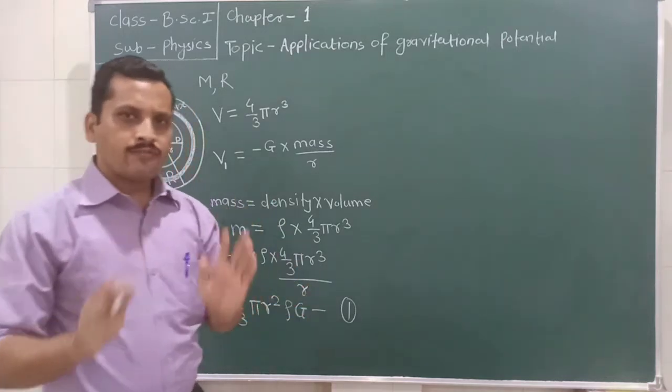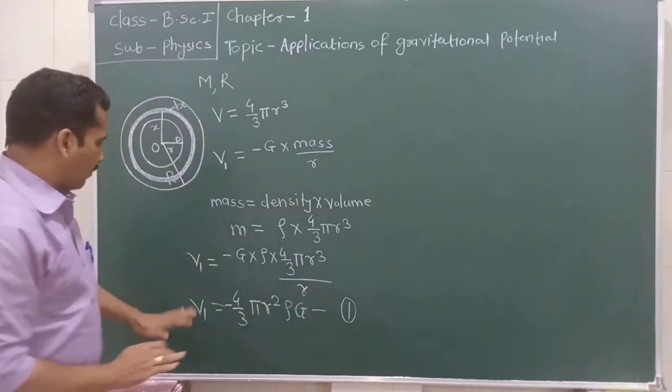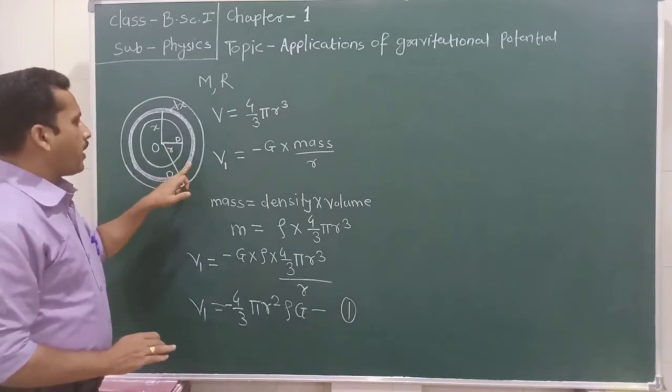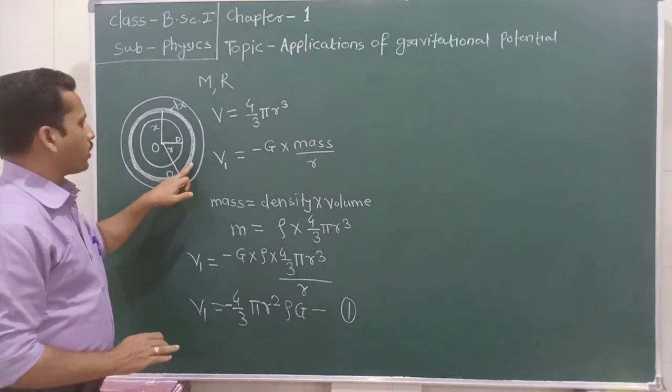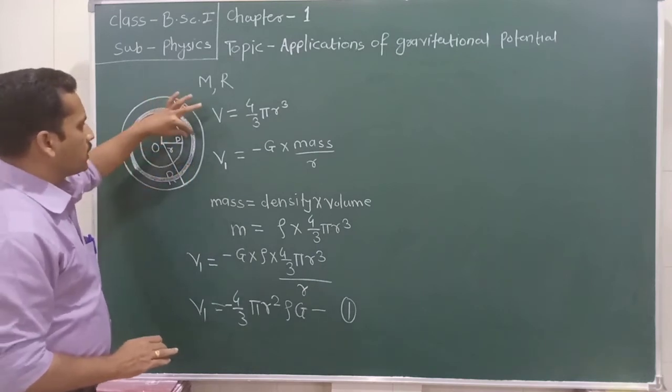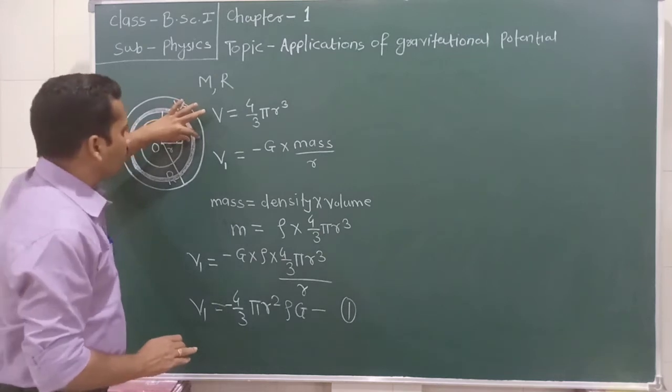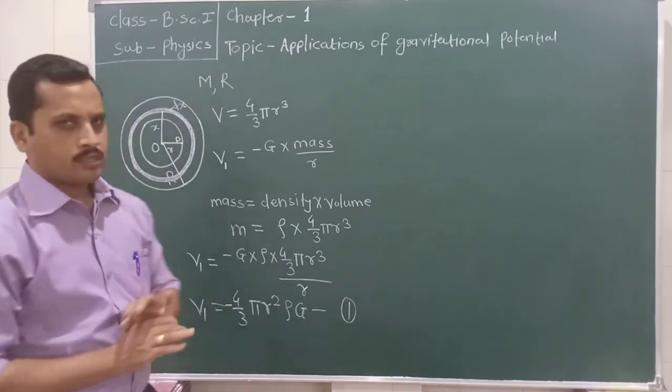Therefore, we need to find the gravitational potential due to this single shell, and then we are going to integrate over the large number of shells.